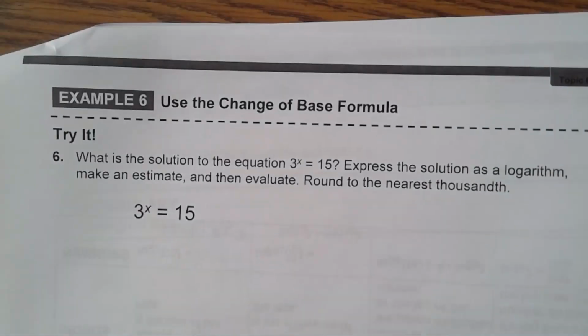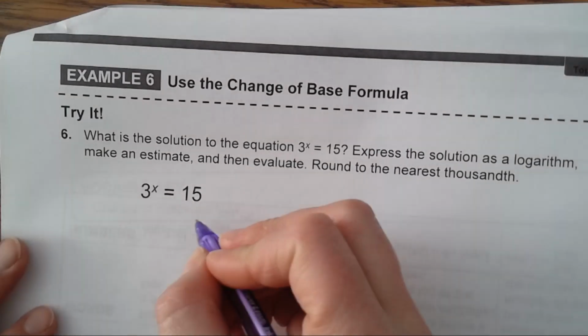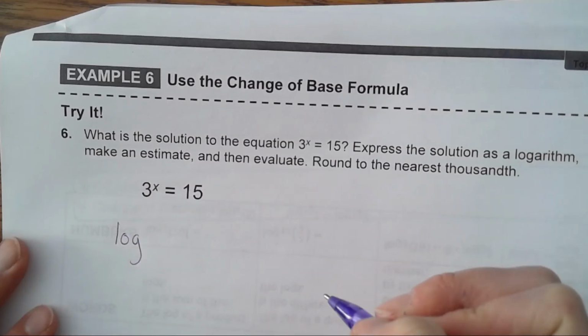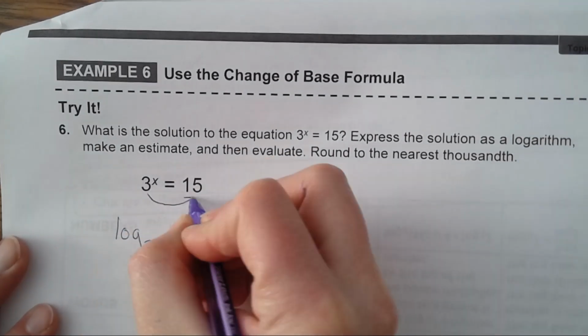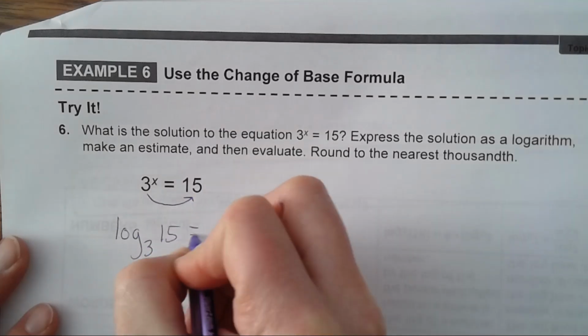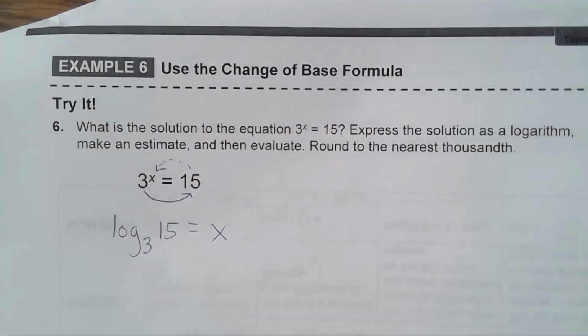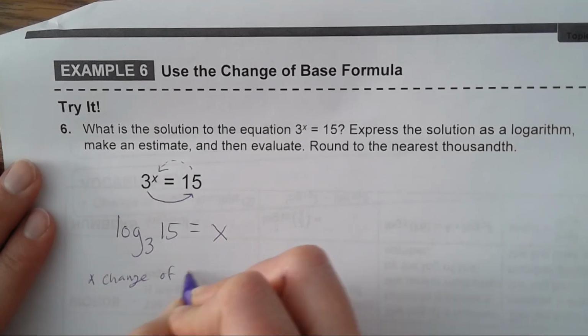So let's do this one. Remember, I'm going to want to change this to log, which one is my base? That should be 3^x equals 15. Remember, x is in the exponent, so I want to change it to log form to be able to solve this. This is an equation. And so now I can use the change of base formula.